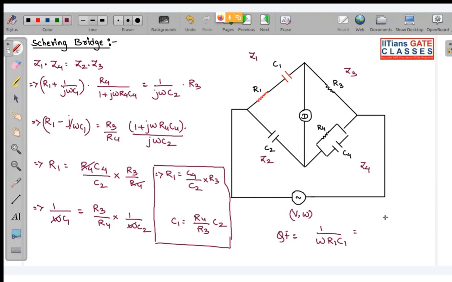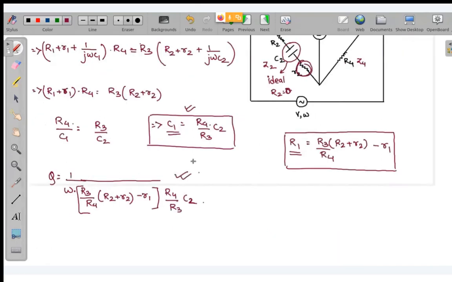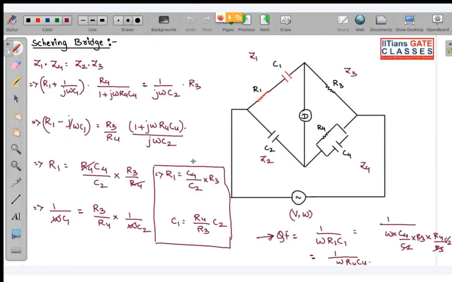So 1 by omega into R1, which is C4 by C2 into R3, and C1, which is R4 by R3 into C2. So C2 cancels, R3 cancels. So quality factor is equal to 1 by omega R4 C4. You can see even calculation of quality factor is simpler compared to this one, and the response is faster compared to the modified De Sauty bridge. Tell me, is this clear? So this is the concept of the Schering bridge.